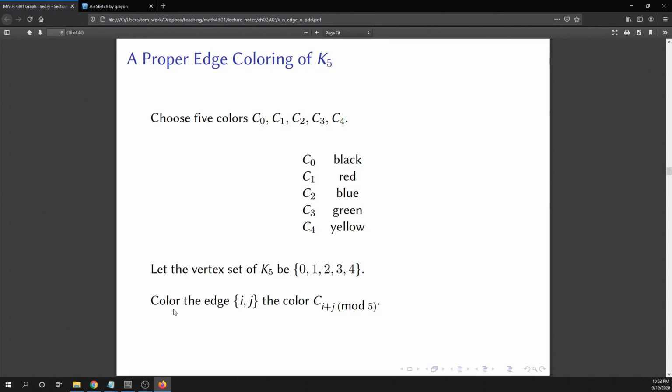So we are going to color the edge ij the color c sub (i plus j) mod 5. So for whatever edge we have, we are going to add these two numbers together, then take the remainder when divided by 5, and then figure out which one of these colors it is and color the edge that color. Okay? All right, so let's walk through this and do those calculations.